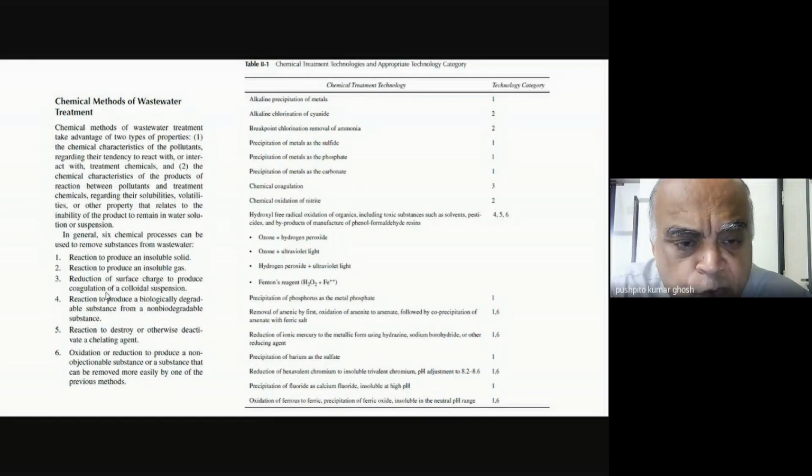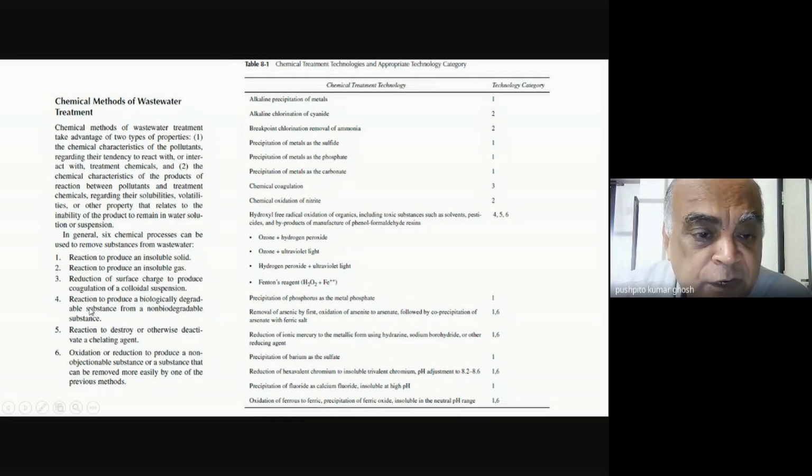What I can do is some kind of a preliminary chemical treatment, which converts it into a molecule which the microbe will now be able to degrade. So that's what it says: reaction to produce a biologically degradable substance from a non-biodegradable substance.